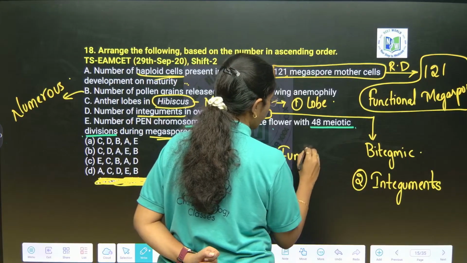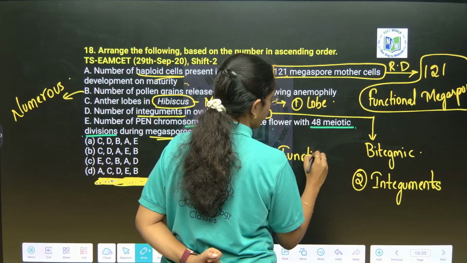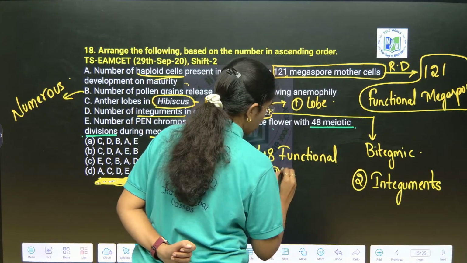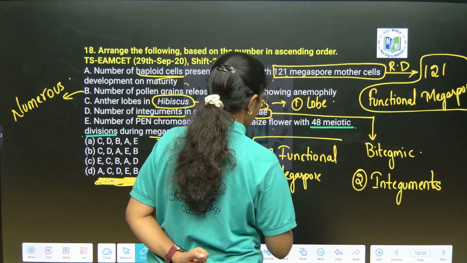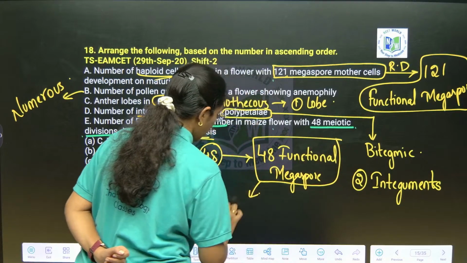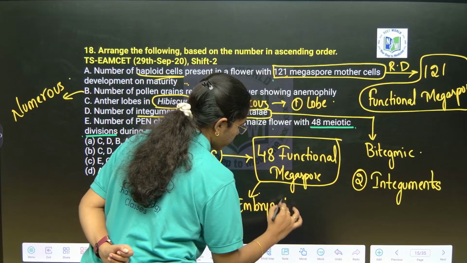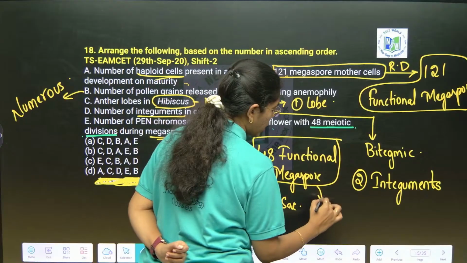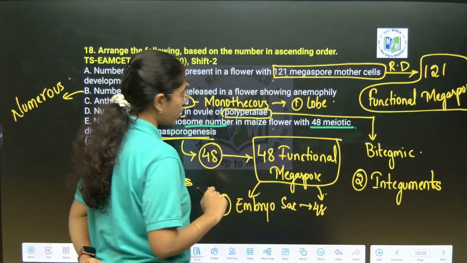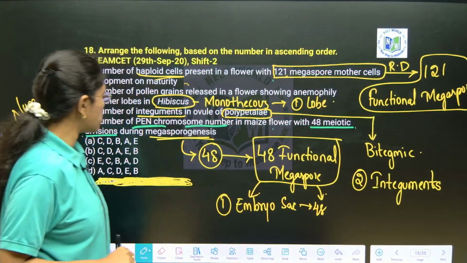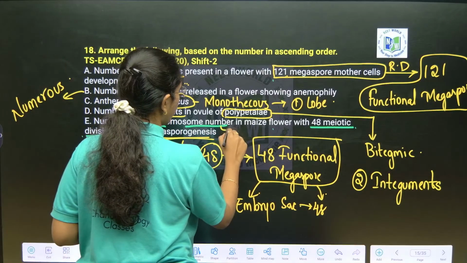Yes or no? Each functional megaspore will provide 1 embryo sac. So, 48 functional megaspores will give out 48 embryo sacs. Each embryo sac will have one primary endospermic nucleus. As such, 48 will be the number.